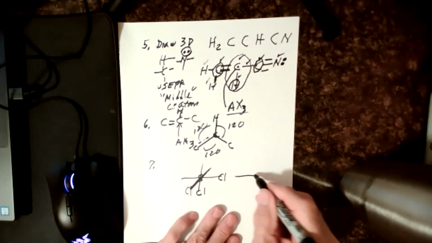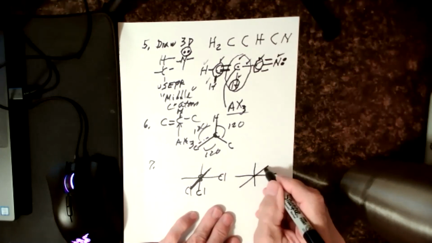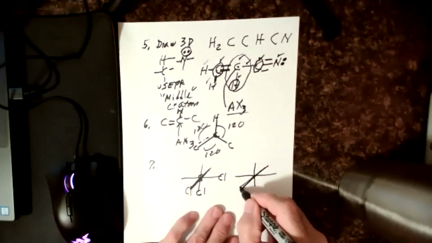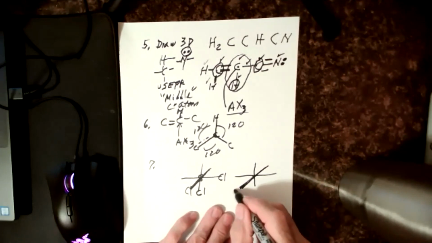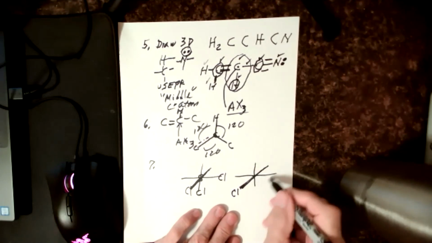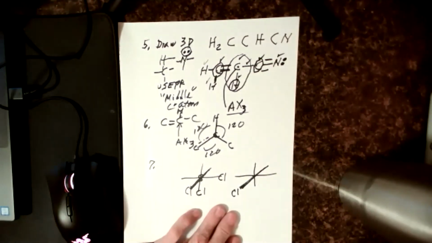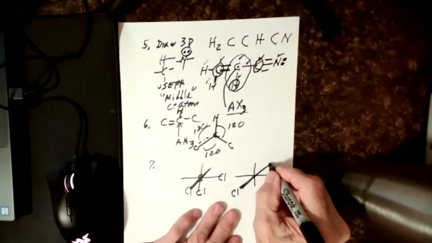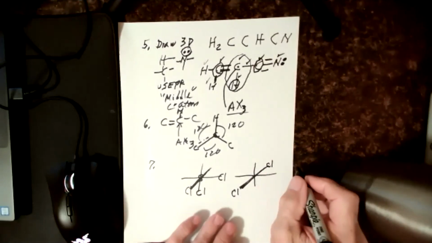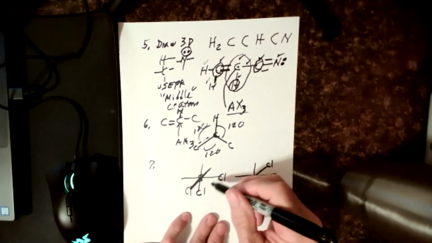Now let's see, is there another way that I could do this? Well, a while ago we put the first one here, so let's put this one here. Well, if I put the others in either one of these 2 places, then I'm going to generate this one again. So let's put it on the same one. Okay, so this one had a chlorine on all 3 of the axes.